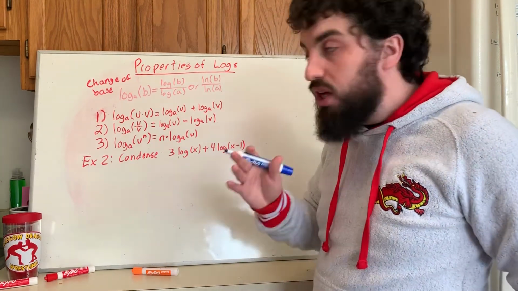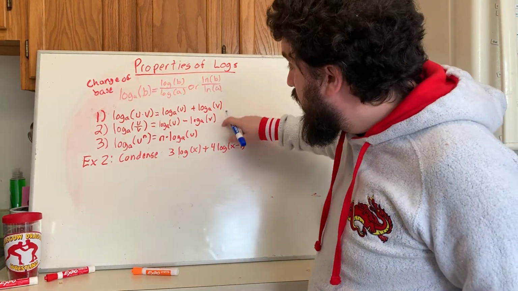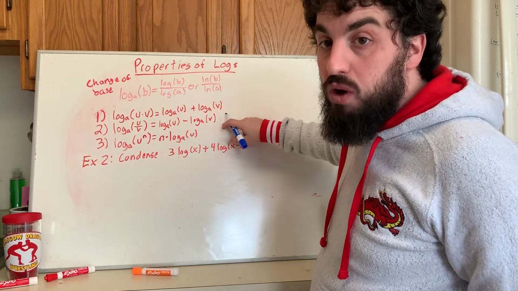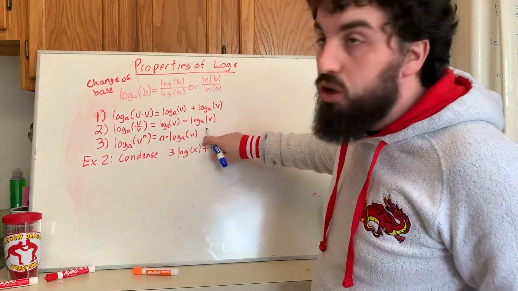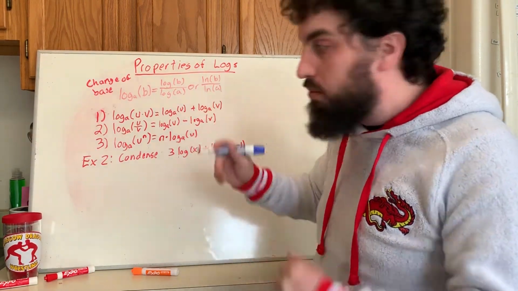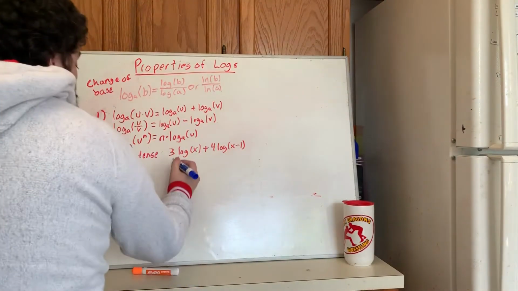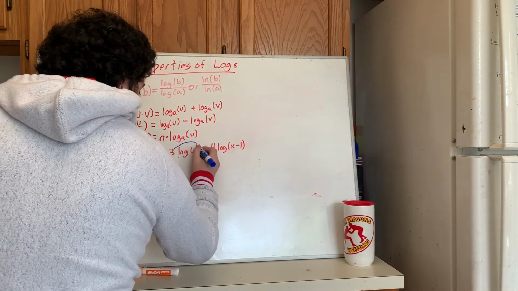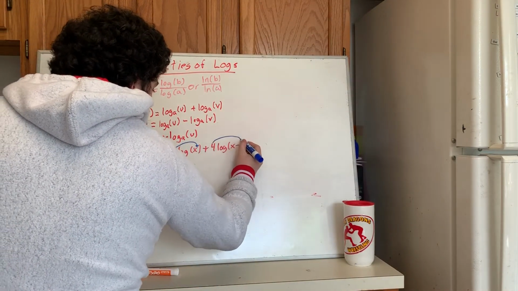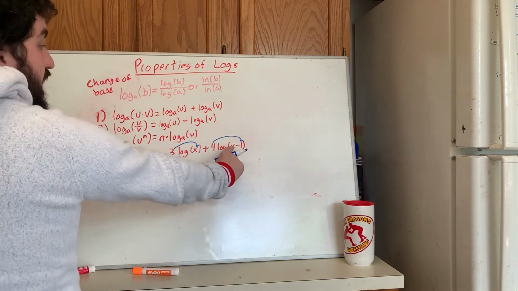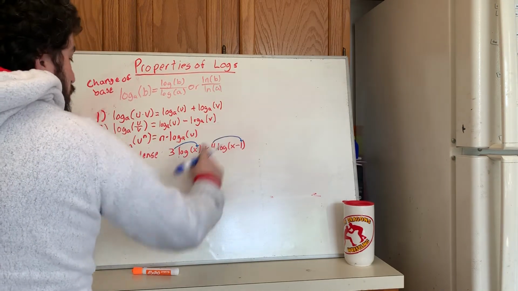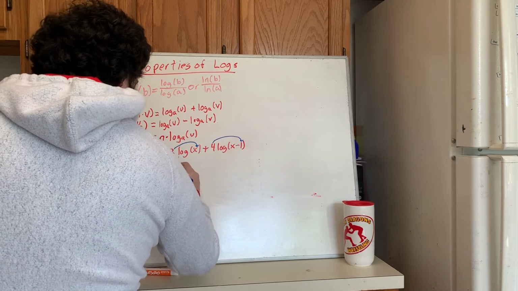So the first thing I want to do, like I said, I look to do these first when I'm expanding, so I'm going to look to do this one first when I'm condensing. So I'm going to take these powers and move them inside. Now the entire x minus 1 goes to the 4th power.